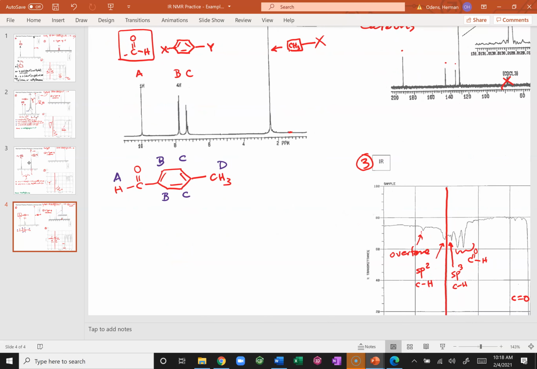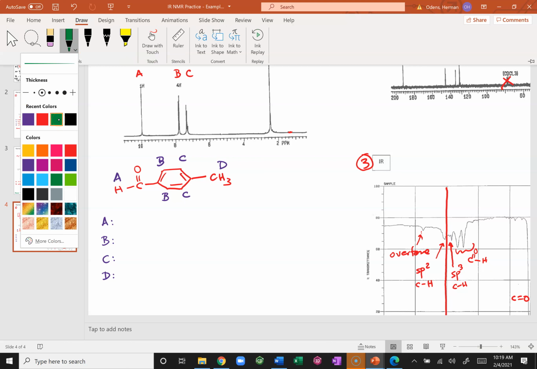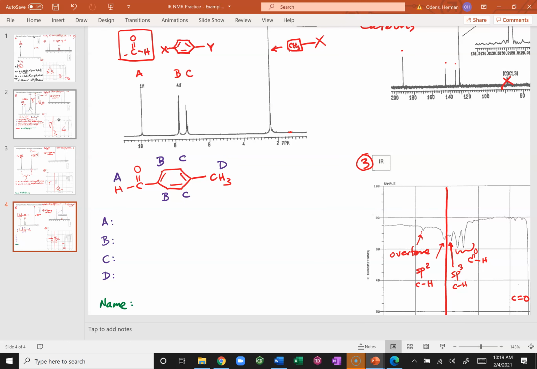I still haven't taught you how to name aldehydes, but I'm going to name this one for you, unless you want to give it a try. Any brave soul that dares to name this one? What if I tell you that this root is benzaldehyde? 4-methyl benzaldehyde.